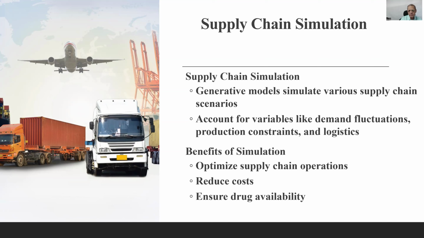And here, digital twins especially can be a very big contribution along with generative AI. This accounts for various fluctuations, as I mentioned, demand fluctuation, production constraints, and logistics. All those things can contribute, and that helps you optimize the supply chain operation, reduces the cost, and ensures drug availability.